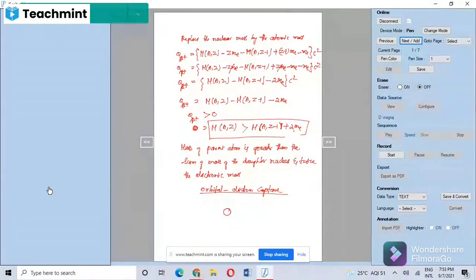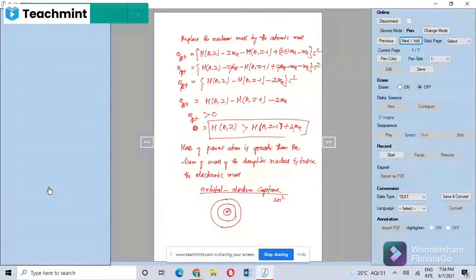In an atom, the nucleus is at the center and the electrons are revolving around the nucleus in particular orbits. The number of electrons accommodated in each orbit is 2n square, where n is the principal quantum number.